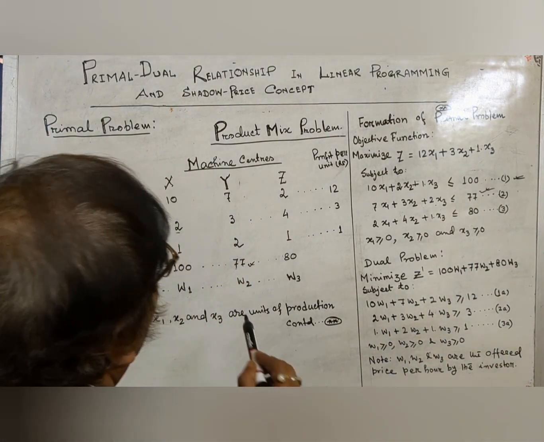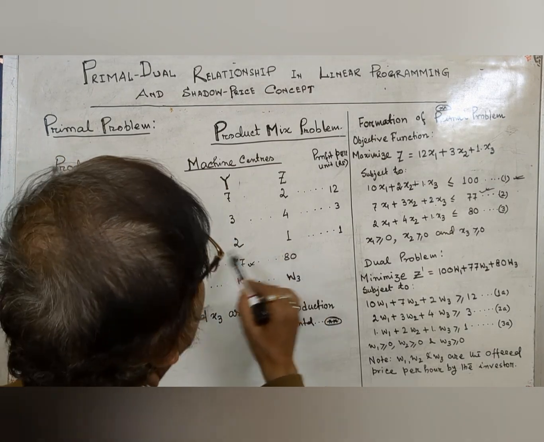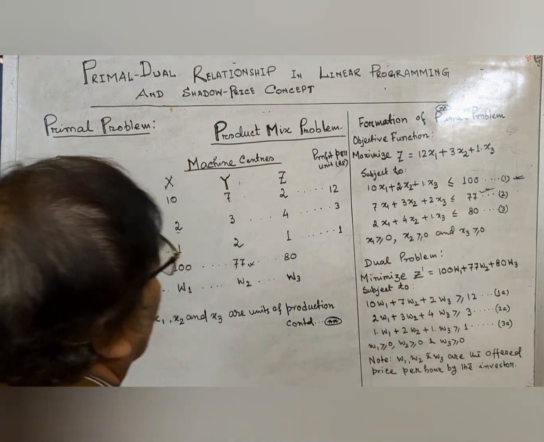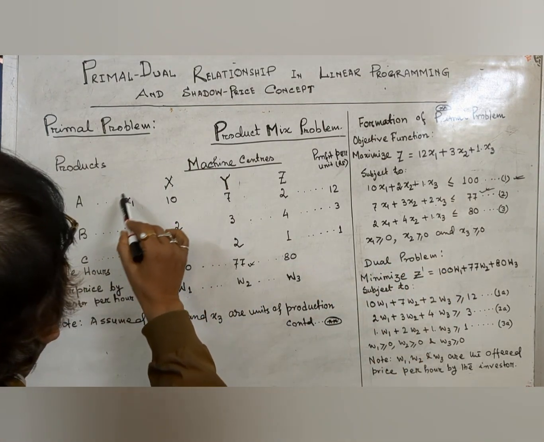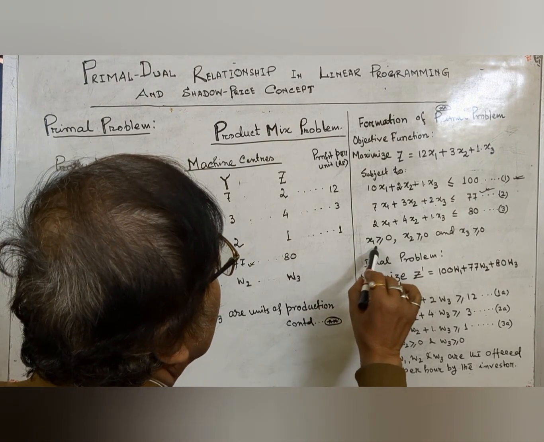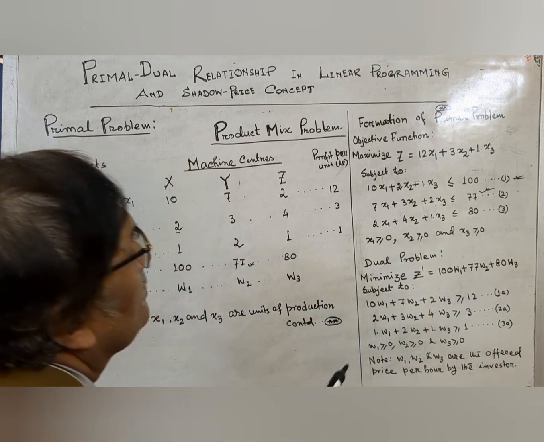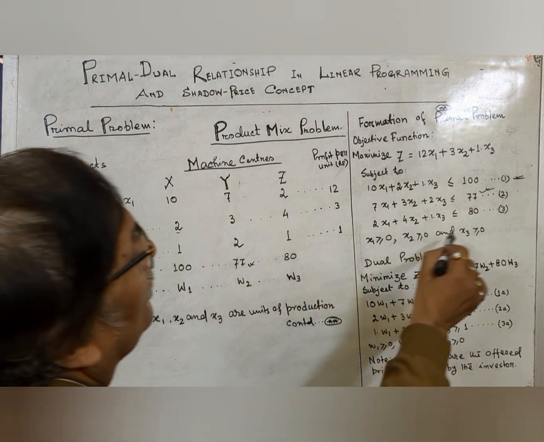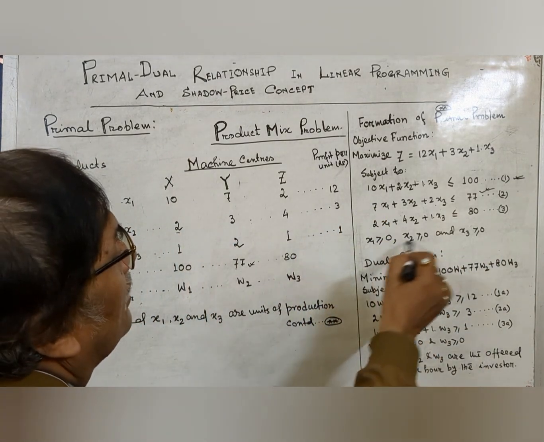And the third constraint: 2x1 plus 4x2 plus 1 into x3 less than or equal to 80 hours. x1, x2, and x3 are the production units. They cannot be negative. That is why mathematically x1 greater than or equal to 0, x2 greater than or equal to 0, and x3 greater than or equal to 0. This is called the non-negativity constraints. So all these are the constraints.